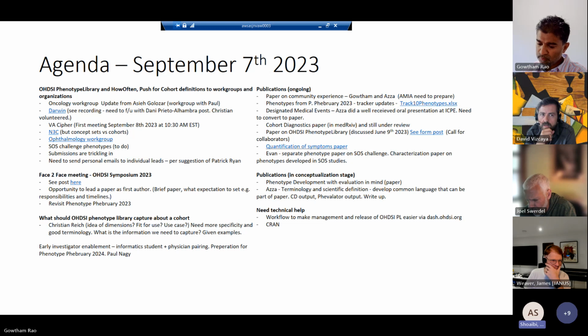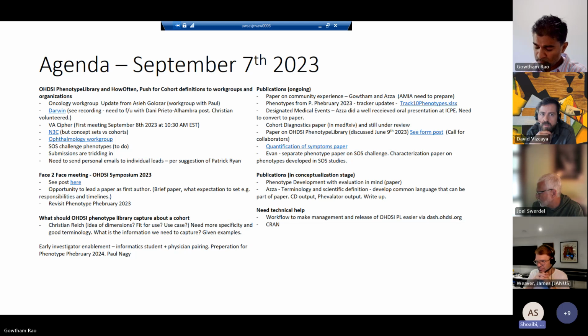The other thing on my mind is that it doesn't mean a phenotype library doesn't have an element of a concept set repository. We can do that as well, but I don't think we need to say a phenotype could be just a set of concepts, because that really frames it differently. I don't think there's wrong or right.